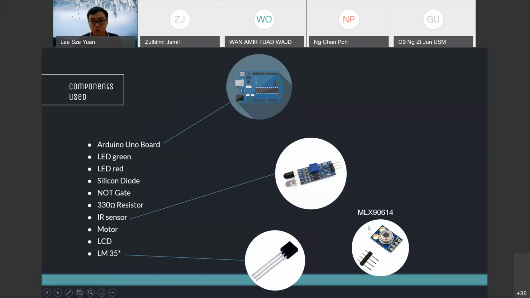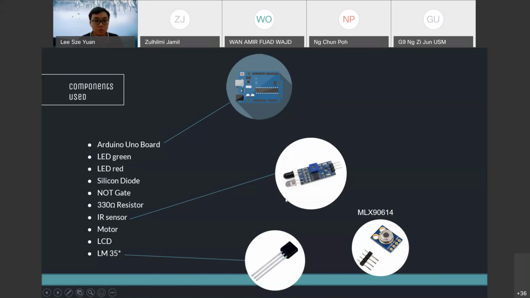Actually, it is more suitable to use the MLX90614, but unfortunately the library for this component is not available, so we use the LM35 as the alternative.